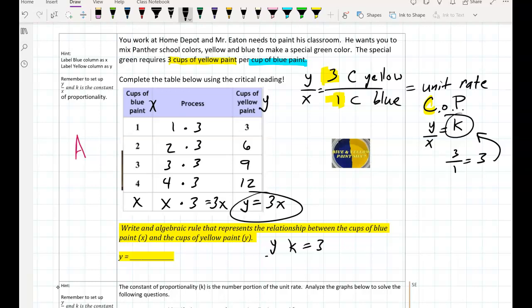Remember, because y divided by x equals k, and we had 3 over 1, that equals 3. And if we take each one of these numbers and divide the y by the x, you will get 3 every time. And so now we can write an algebraic rule, which is just another word for an equation. Y equals 3 times x. And that will always tell you how much yellow paint you'll need based on how much blue paint you have.